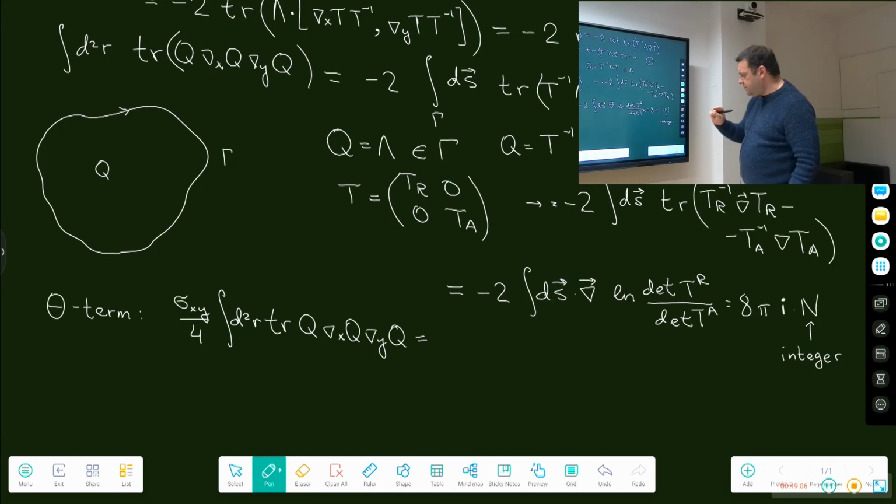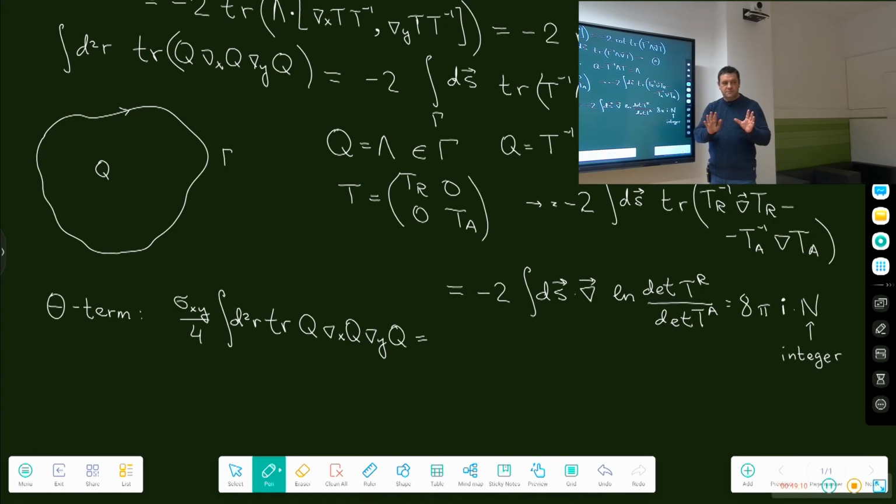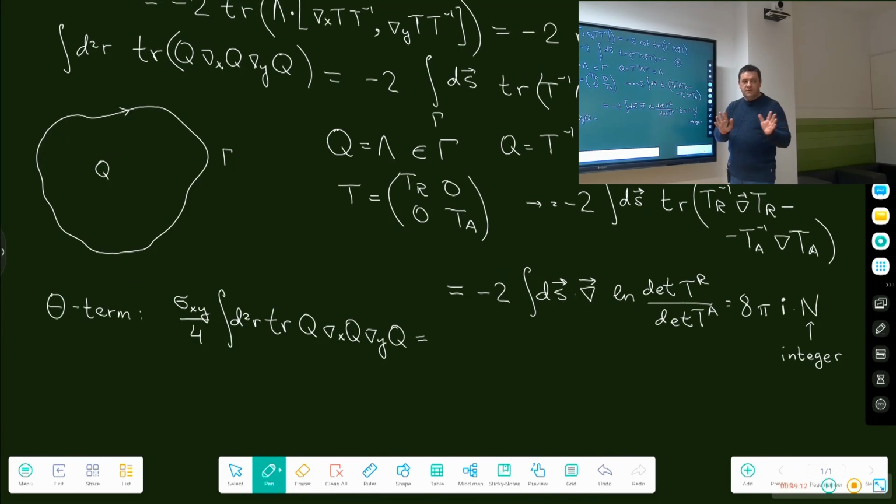It's a tricky point, and I'm pretty sure that the determinant of T should be fixed. You can fix it at any value, maybe, but it should be fixed so that TR and TA are actually related. That's the point. Whenever you rotate the phase of TR, the phase of TA should rotate by the same amount in the opposite direction. The complete T, TR and TA together.